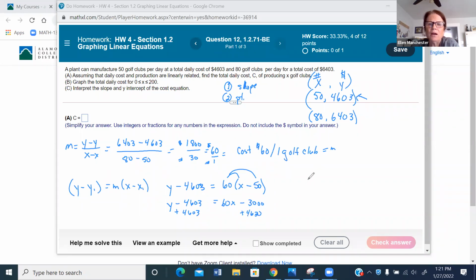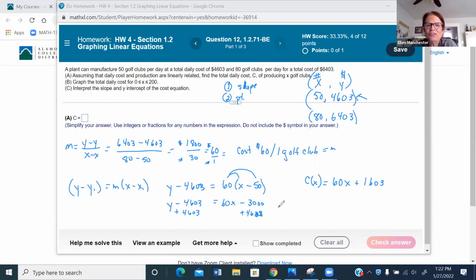So my cost function is y, putting it back into y equals mx plus b. Y equals my slope of 60, x plus 4603 minus 3,000, which is 1603.